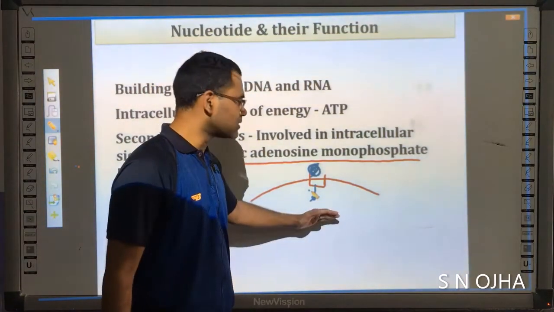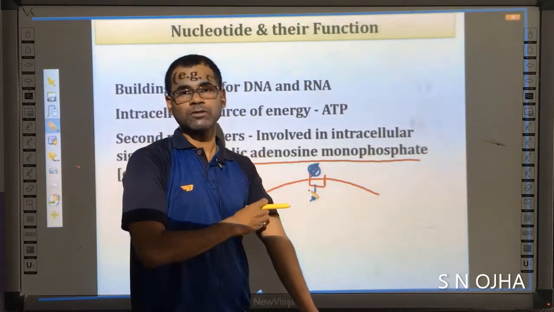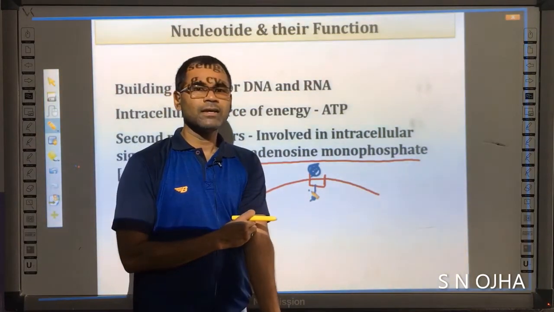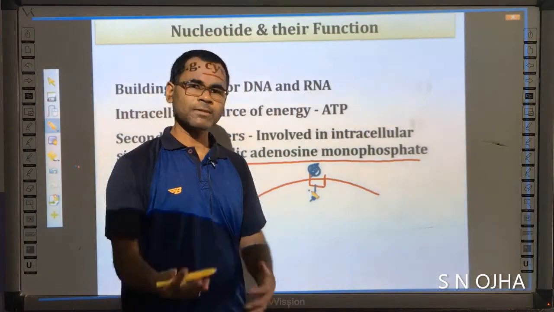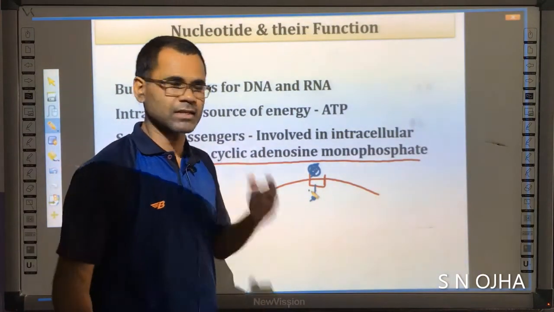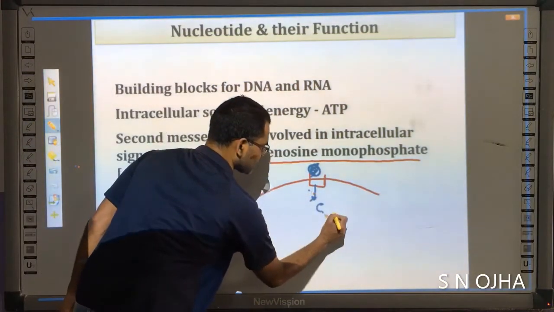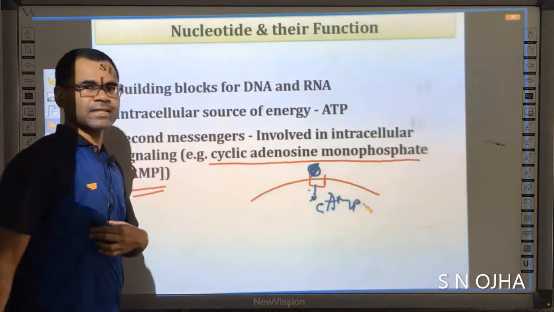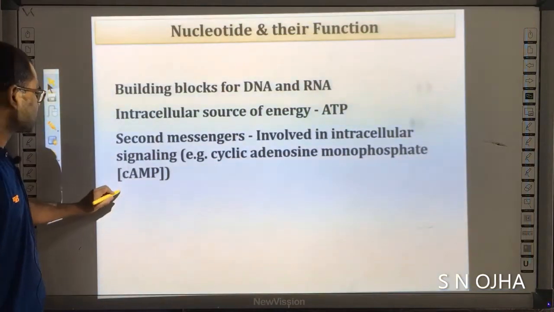That secondary messengers undergo a cascade mechanism, and that cascade mechanism is responsible for amplification of any signal, and that's why the eukaryotic body promptly responds to any external signals. So here it generates cyclic AMP, cyclic adenosine monophosphate.